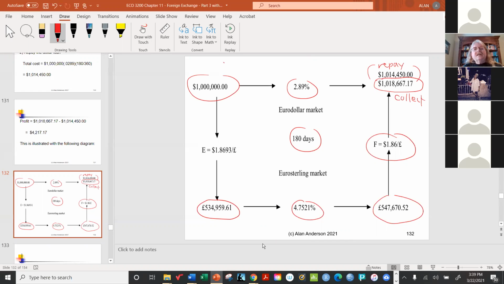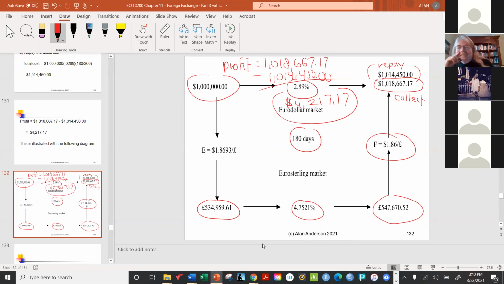So the profit that I just earned is the difference between the two, and I subtract off what I paid. Wow, not bad. $4,217.17 goes right into my pocket. Interesting.